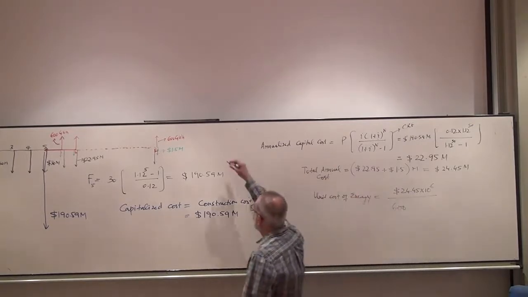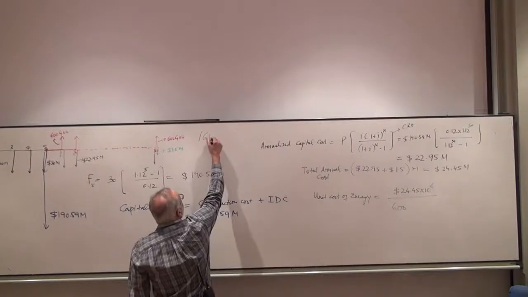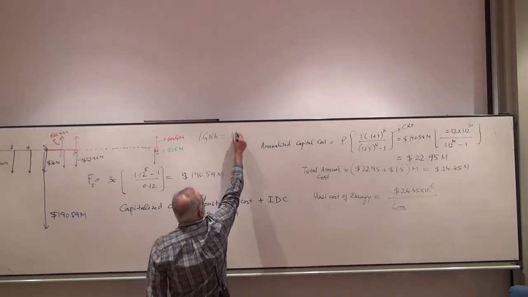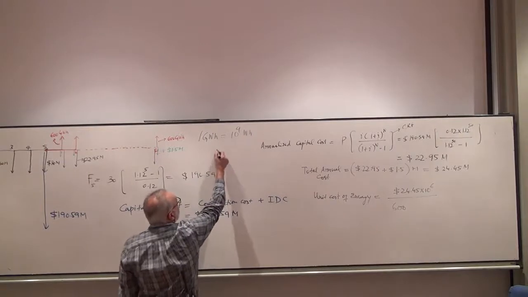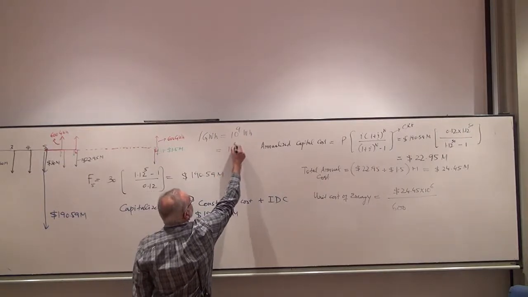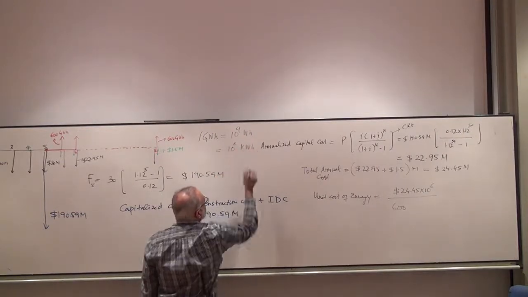Now please note, 1 gigawatt hour is equal to 10 raised to power 9 watt hours, or 10 raised to power 6 kilowatt hours.